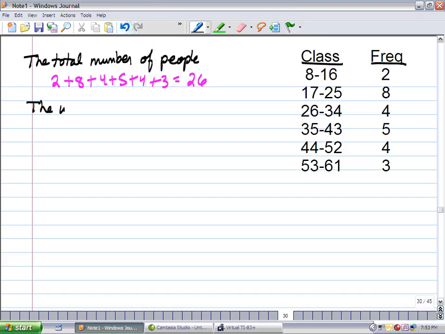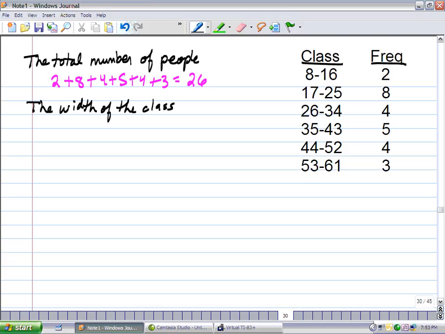The width of the class, and in this case I have to be careful. Think about how many ages are included in 8 to 16. If you were in class and I gave you homework problems 8 to 16, how many homework problems did I give you?